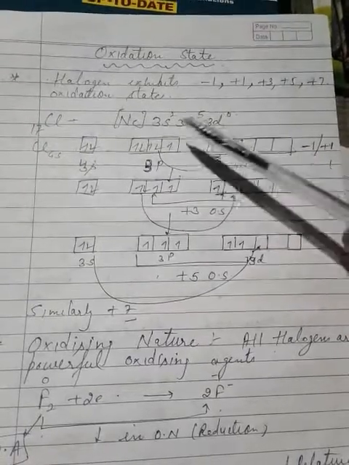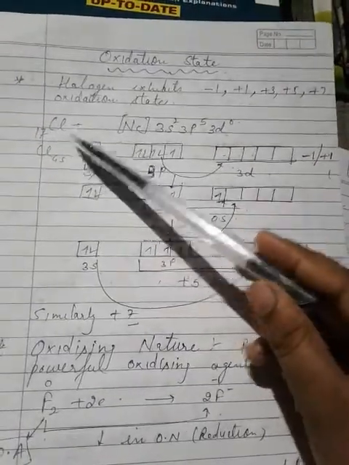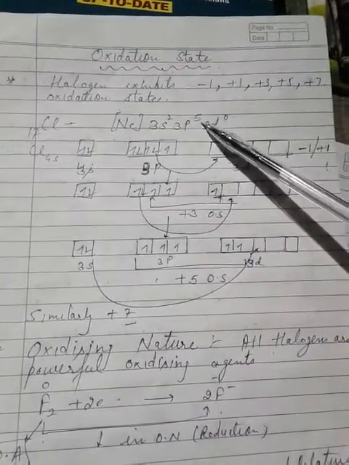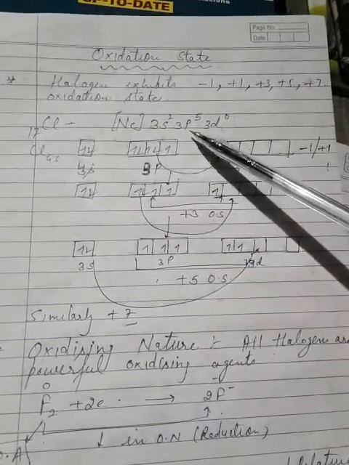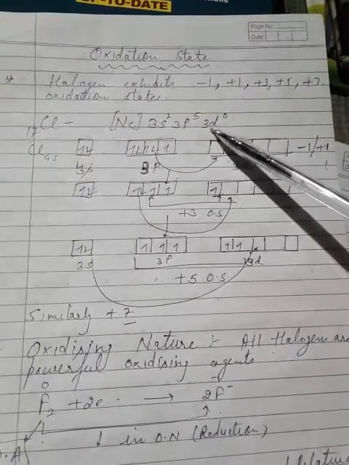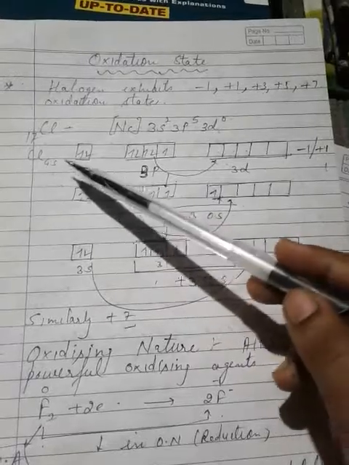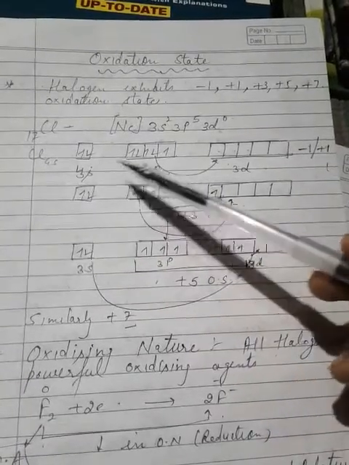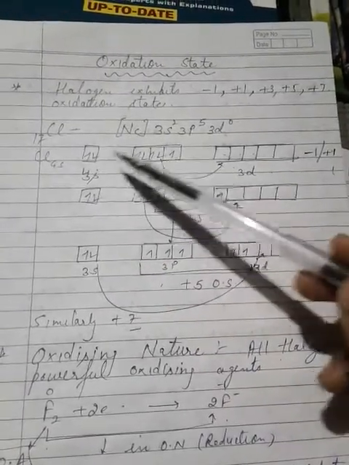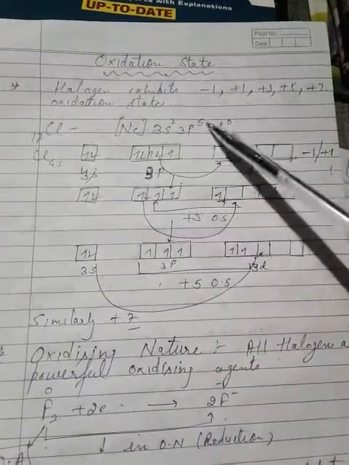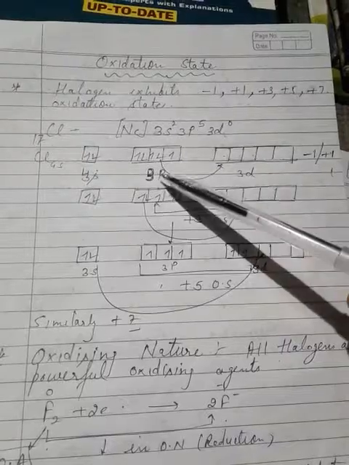Chlorine, as you know very well, I have taken here as an example. Its configuration is neon 3s2 3p5, and it has an empty d shell, which has 0 electrons in it. So we know that chlorine in the ground state will have this configuration 3s 3p 3d, 2 electrons in s and 5 electrons in p.